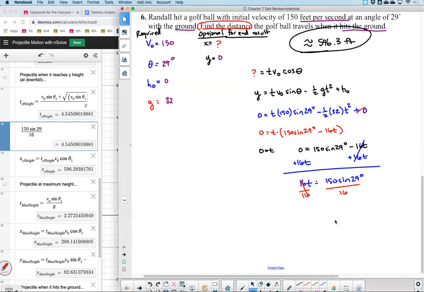Now that I know what t is, approximately 4.545 seconds, you would take the t and plug it in right up here. So I'll just go right here with this. I will say the x value is going to equal that time, 4.545, times the initial velocity of 150 times the cosine of 29 degrees.